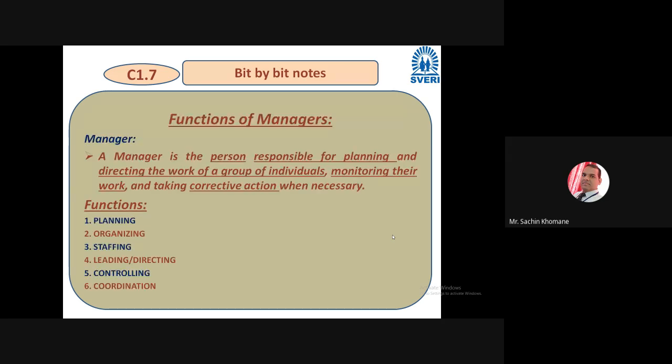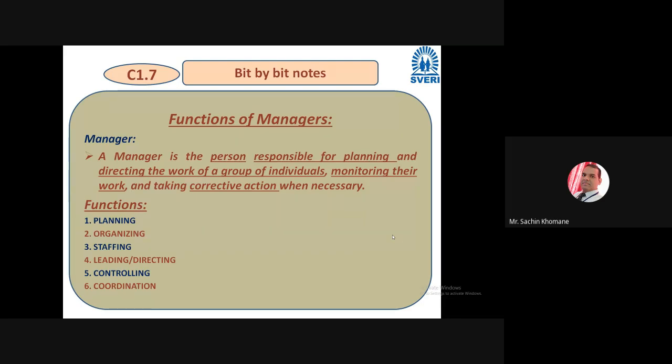So let us discuss a very interesting bit, functions of manager. Friends, you will become managers in future, definitely, right? You will not be an employee only in the production shop or design. Obviously, after a certain experience, you have to handle managerial responsibility in industry.